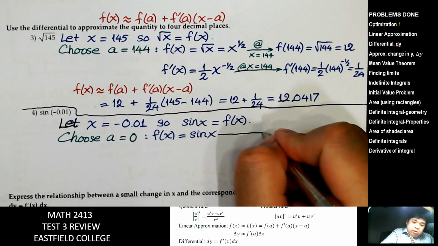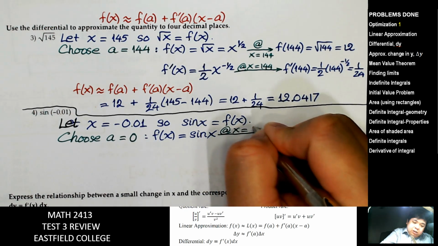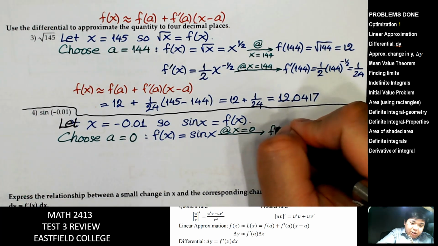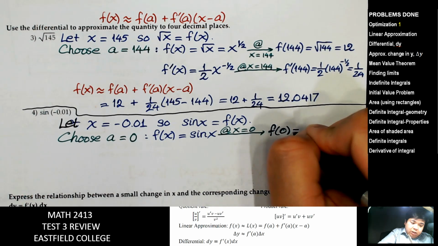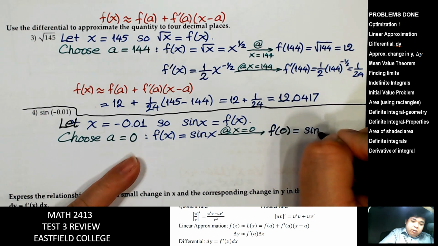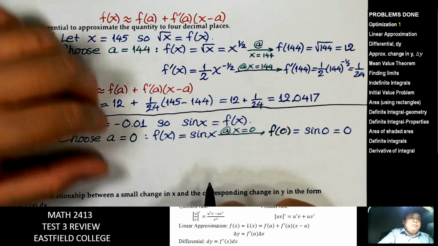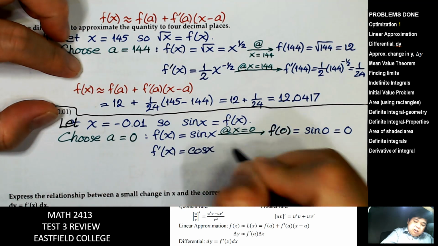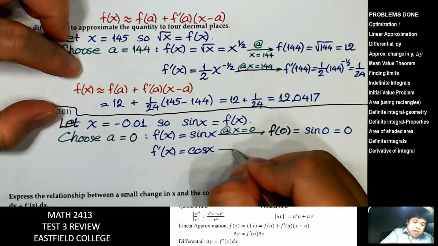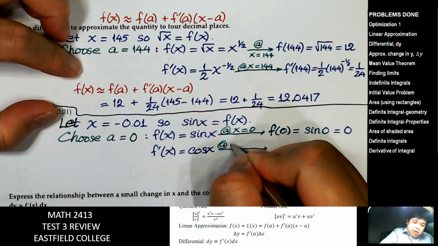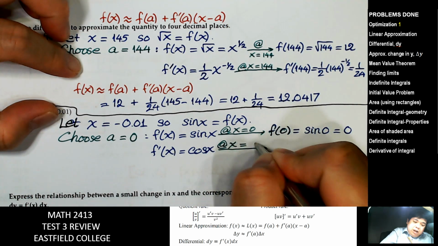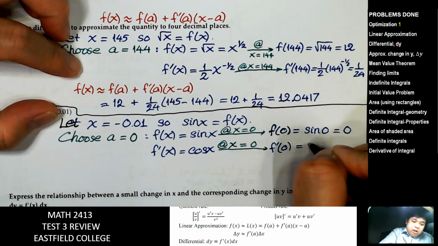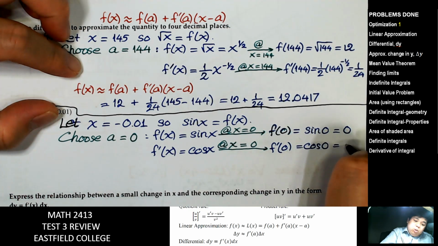So when x equals 0, f of 0 equals sine of 0, which is 0, and the derivative of sine x is cosine x. We evaluate at 0: cosine of 0 is equal to 1.